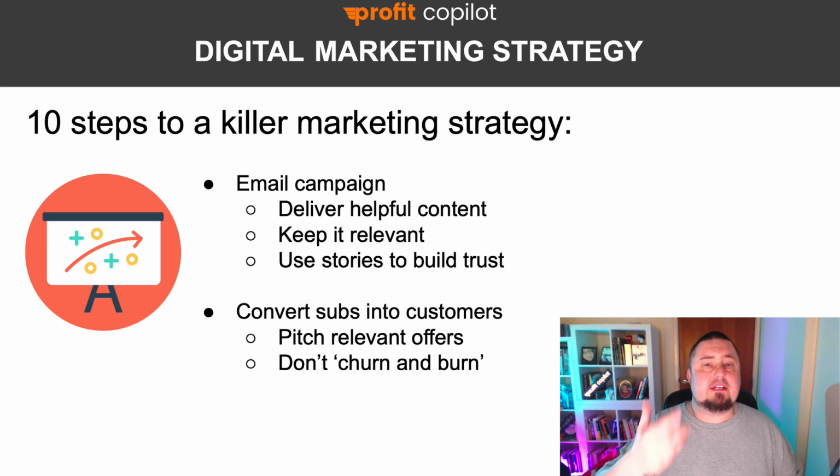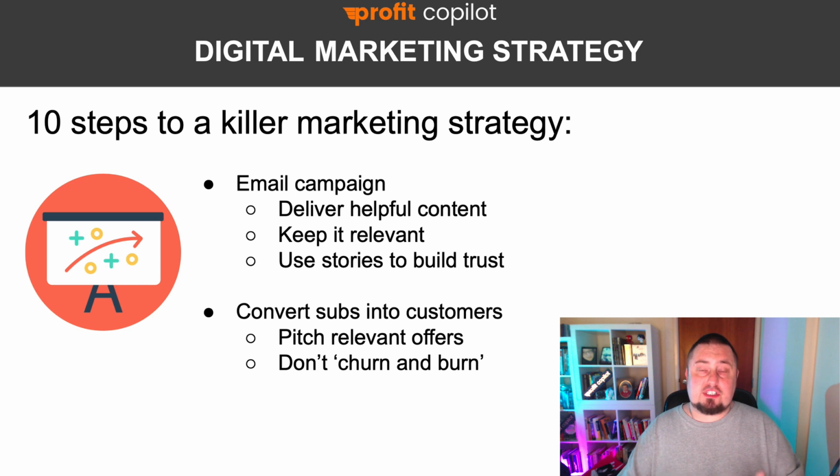Think about what your audience needs that day. And if you look at how I do things, you'll notice that most of my emails from week to week don't contain any pitches. All they have is useful, helpful content that I know people will appreciate and find value in. And then, every now and then, when I think I have something that will be of benefit to people, I'll say, hey, I've also got this. You might like it.